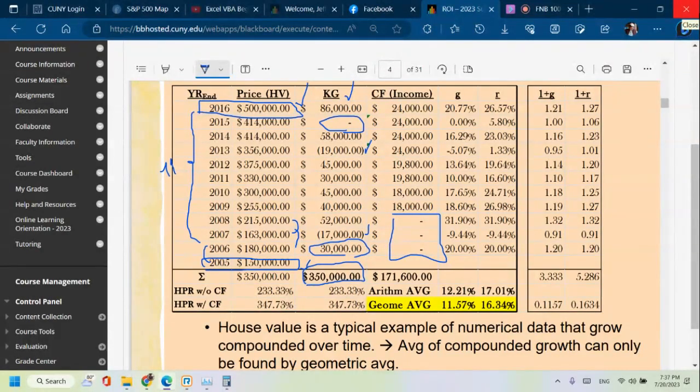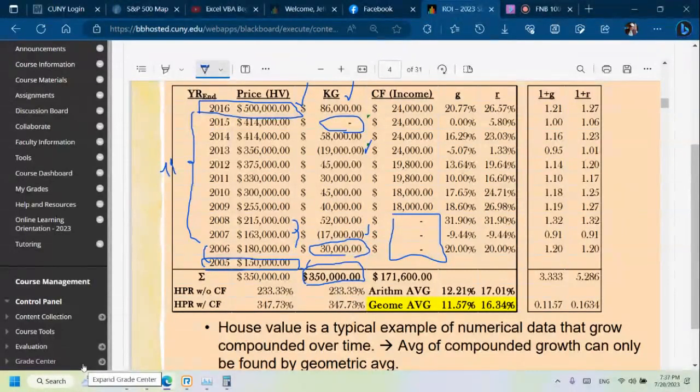Now think about it. This brings us to two types of scenarios. Scenario one, you bought the house and just use it as your home. Then there's no rental income.